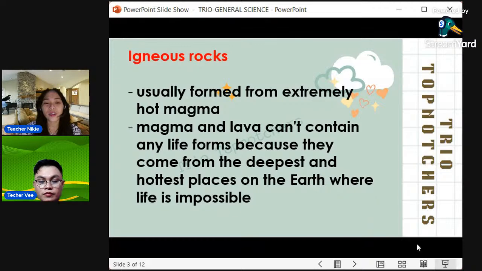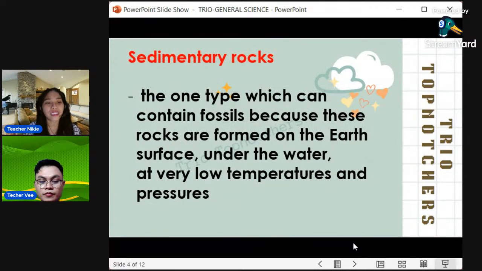Okay. So next, let's have sedimentary rocks. Ito po yung sagot sa tanong natin. Ano ba yung sedimentary rocks? Okay, the one type which can contain fossils because these rocks are formed on the earth's surface under the water at a very low temperatures and pressures. Okay, nakikita nyo ba yung definition? So ito lang yung rocks na nagko-contain ng fossils, no?